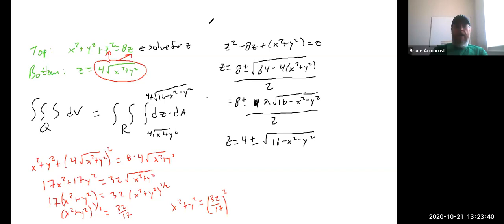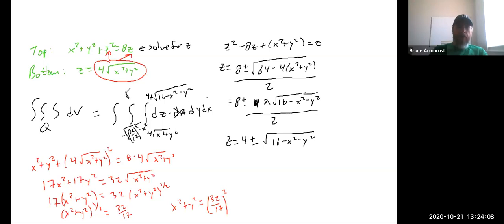All right, well, then that means if we were to change this to, say, dy dx, then let me erase the r. So then the bounds on this are going to be y equals minus square root of 32/17 squared minus x squared.